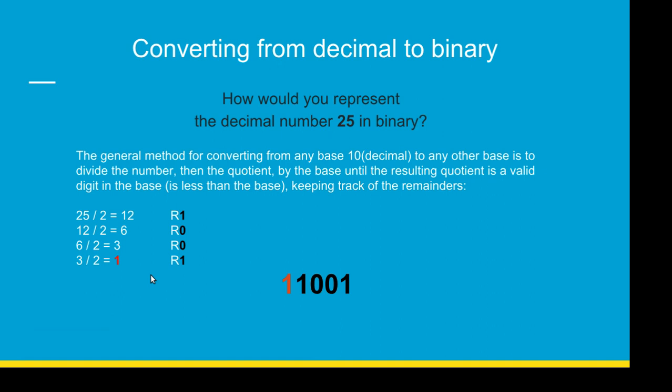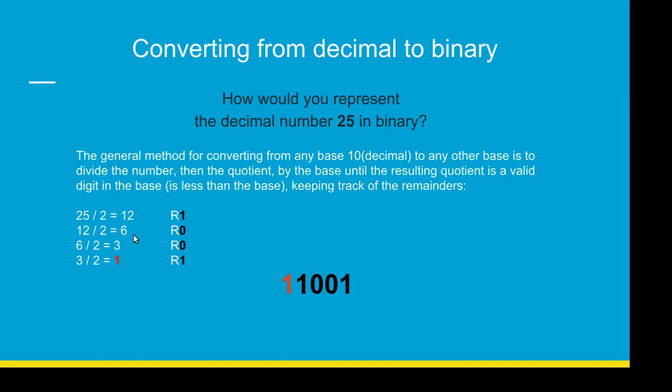Why are we keeping track of the remainder? The remainder actually tells us what the number is in base 2. So we start with 25 divided by 2, which is 12 with a remainder of 1. Then we divide 12 by 2, which is 6 with a remainder of 0.